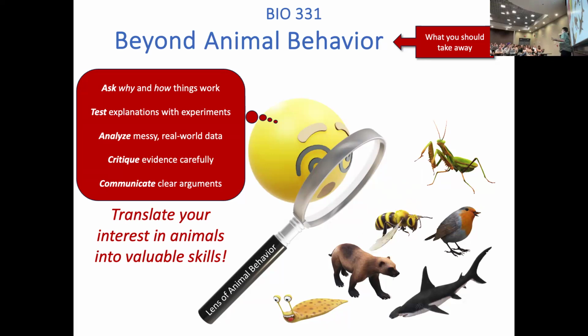If you happen to take it because it was just a convenient elective, and you wonder how am I ever going to use animal behavior, I really think that the tools that we talk about in this class are widely generalizable across science and beyond. So hopefully you see that, and hopefully just give me a little bit of leeway as we talk about these things and try to think about how it might generalize to other phenomena.